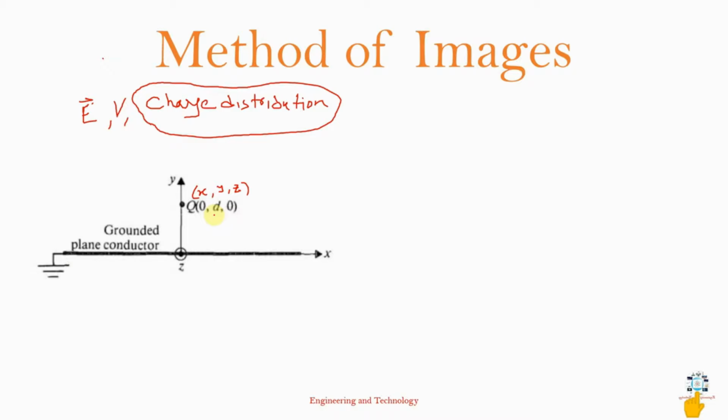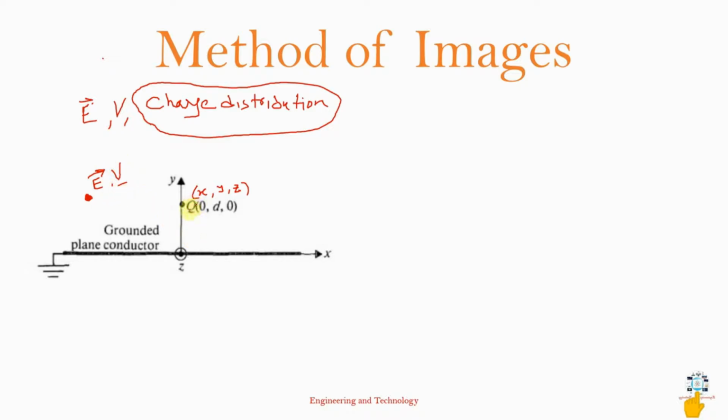So this is a complex problem, because due to this charge q, we need to find out the electric field intensity somewhere, let us say at any point randomly here, or we need to find out the electric potential here.